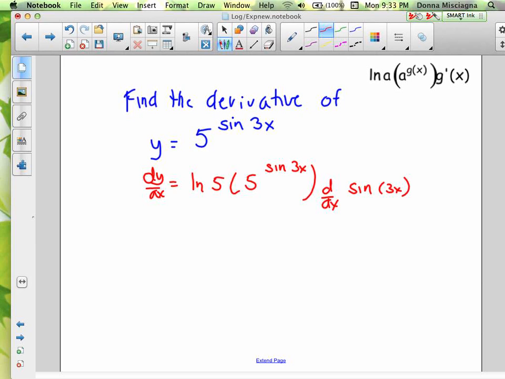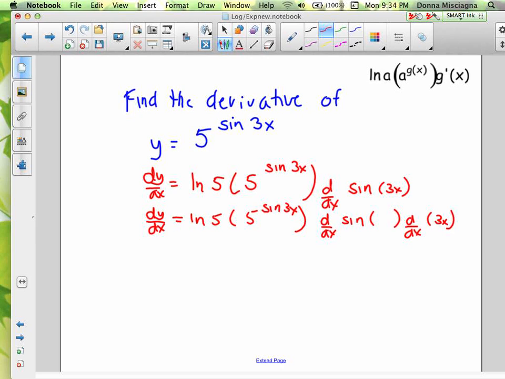That's going to be a chain rule itself. So dy/dx is natural log of 5 times 5 to the sine 3x power. Now, we take the derivative of sine blop, and then we have to take the derivative of the blop, the 3x.